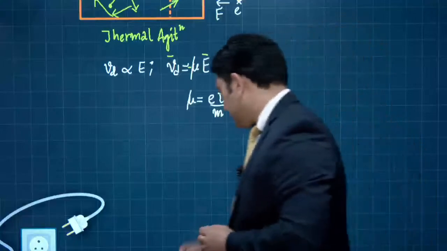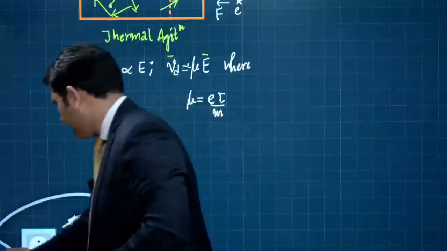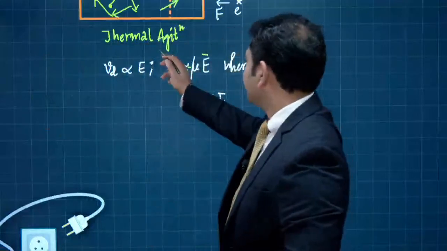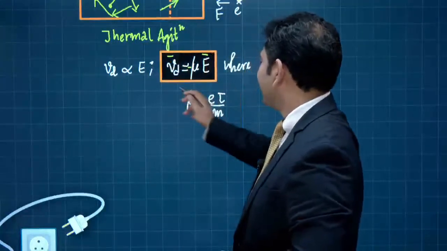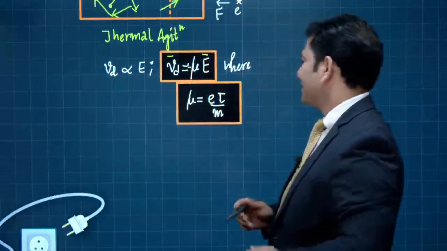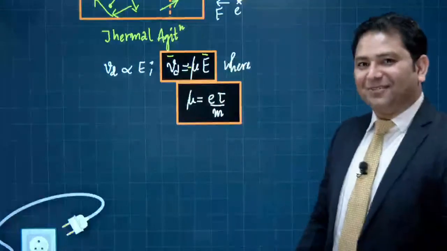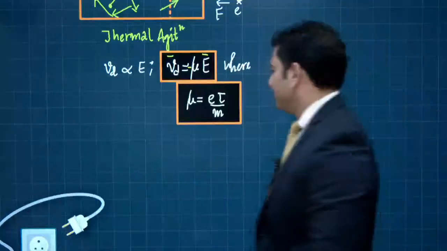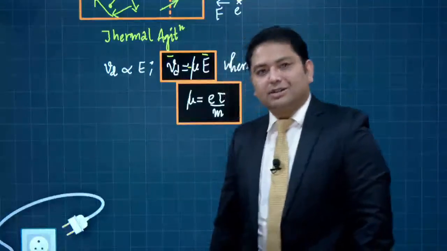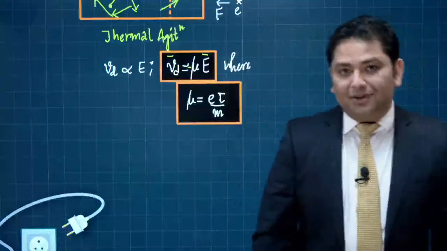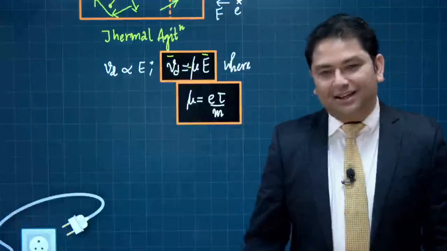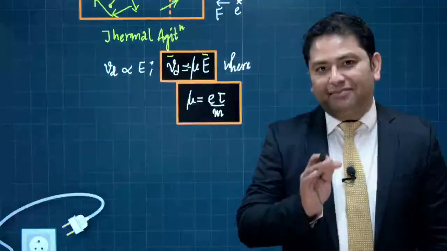Now, just to catch your attention, because I know medical candidates, they really love this sort of representation. Okay, so this is all dedicated for you. In the boxes, that means something very important, all right? Aap dekhiye, mobility, that's e tau by m, where e is the charge of electron, m is the mass of electron, and tau is the relaxation time.